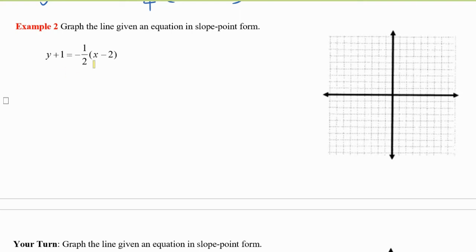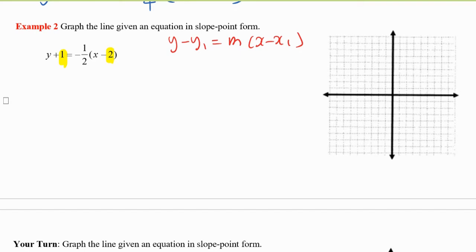Okay, we have the slope point form. So we know slope point form, y minus y1 equals m times x minus x1. So this is the slope point form, right? So we know this is x1 and this is y1, right?